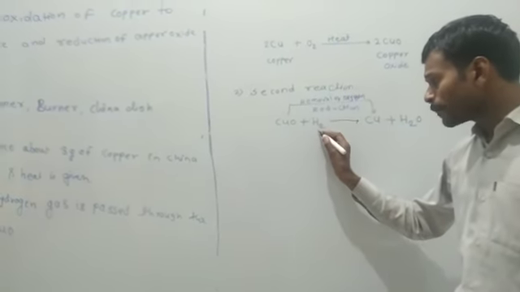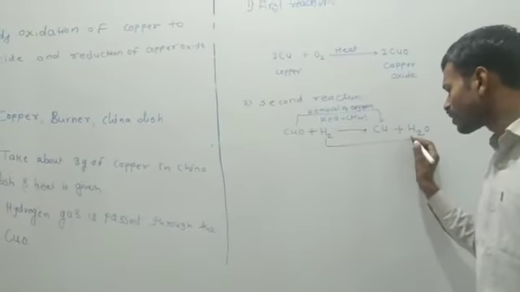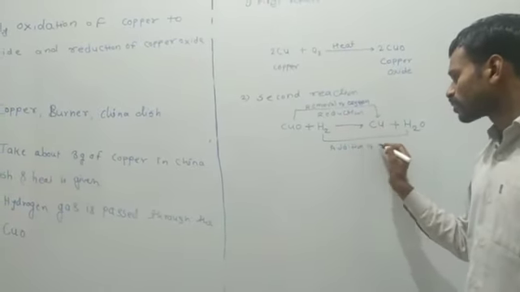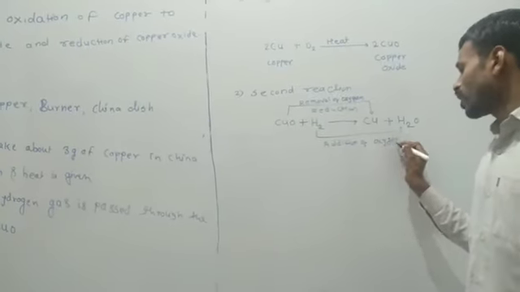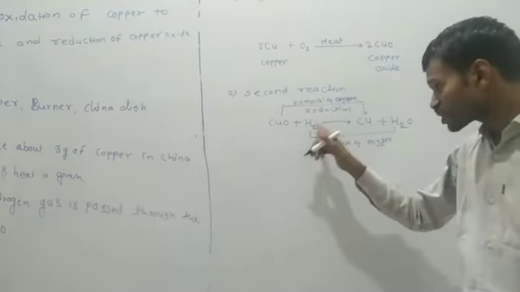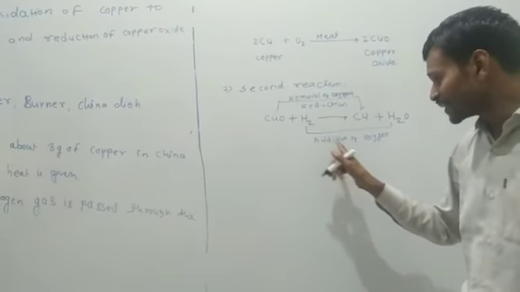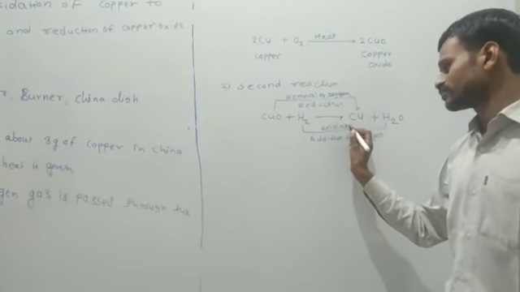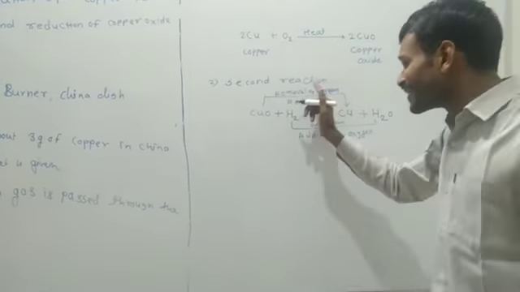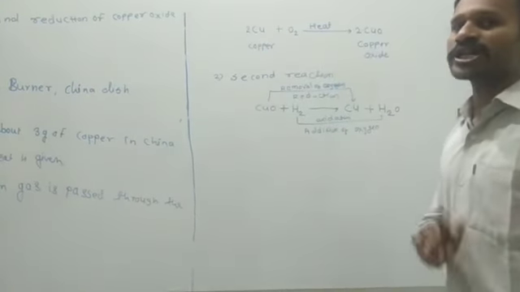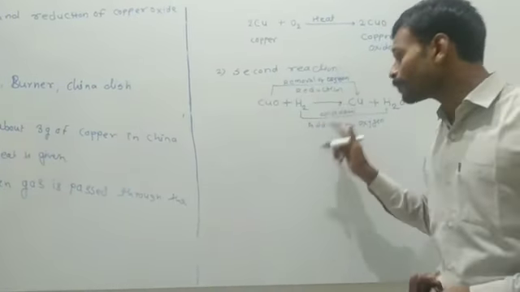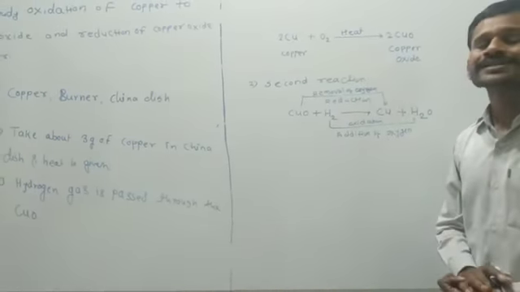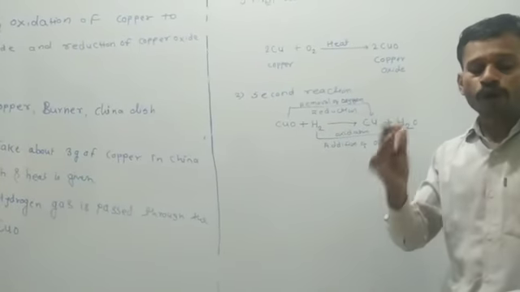Now, if you observe here, addition of oxygen takes place. This oxygen is added here, and the addition of oxygen means oxidation takes place. So reduction and oxidation, both processes take place simultaneously. That's why this is a redox reaction.